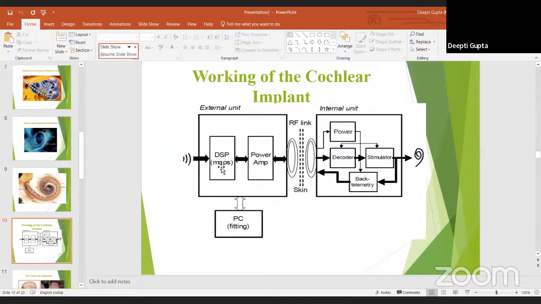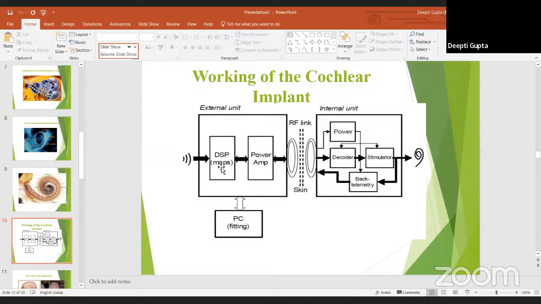So what happens when a person is using a cochlear implant? The person is not able to hear like a normal person. That is the truth. But somehow the person is able to listen. That is the biggest positive thing about the cochlear implant.